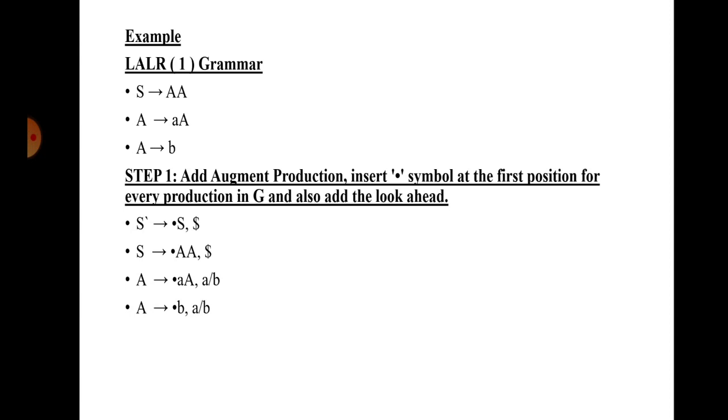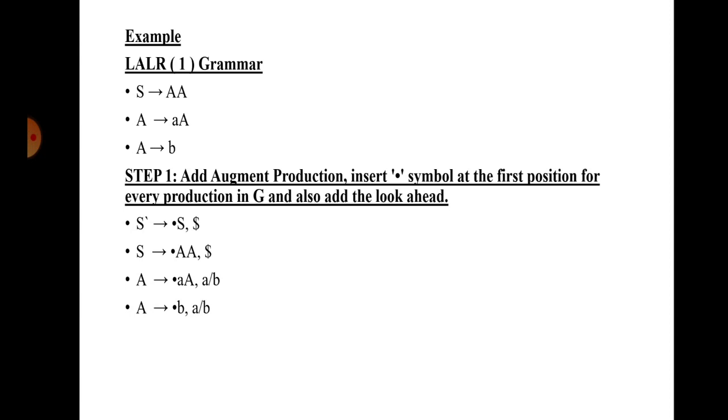In the first production, S dash tends to dot S comma dollar, beta is empty and a is dollar. So first of dollar is dollar, because the empty is nothing. So the look ahead symbol value is dollar. Hence we write dollar as the look ahead symbol for S tends to dot AA.